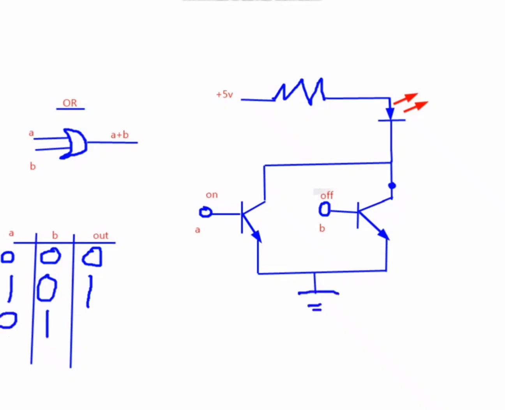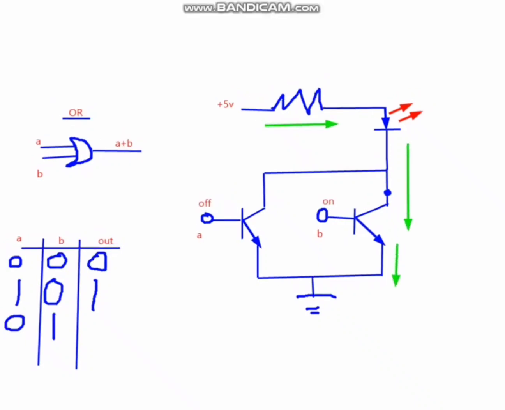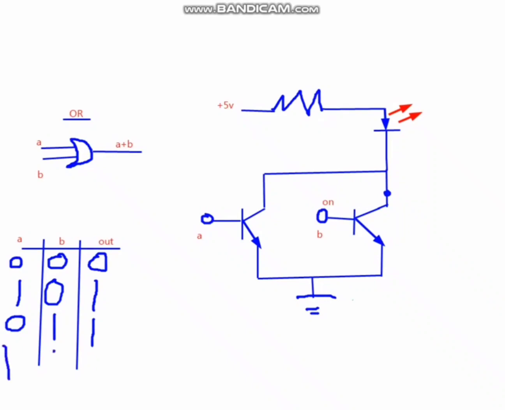Now what if transistor B is on and transistor A is off? Current can still flow through the resistor and the LED, but this time to transistor B. So therefore, the LED will be on. Now what if A and B are both on? The LED will definitely be on.